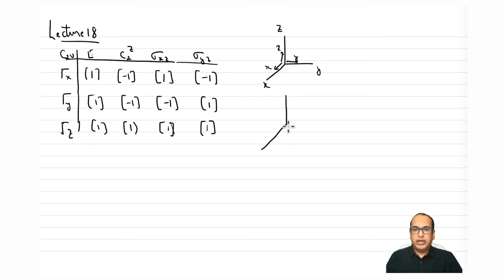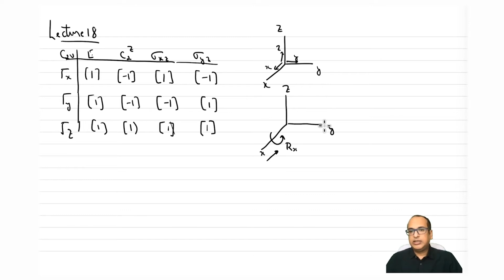Now, as I mentioned in the last lecture, there is also a vector which is called the rotational vector. Rotational vectors are defined as the sense of rotation of x-axis and is represented by Rx. Sense of rotation is taken as anti-clockwise when I'm looking from positive side of x-axis towards origin.